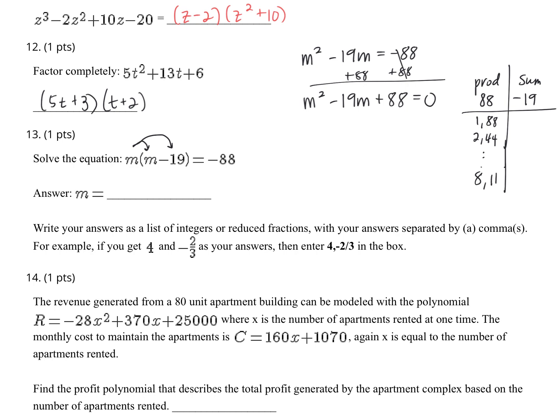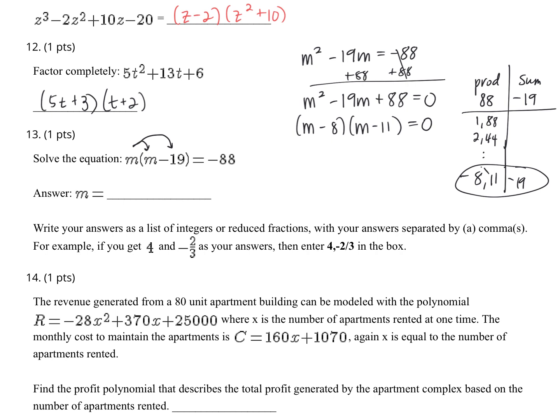They both have to be the same sign because they have to make a positive 88, but I need them to add to a negative 19. So if I make them both negative, a negative 8 plus a negative 11 is a negative 19. So that works. So it's going to be m minus 8 and m minus 11, because negative 8 times negative 11 is positive 88. And negative 8 plus negative 11 is negative 19.